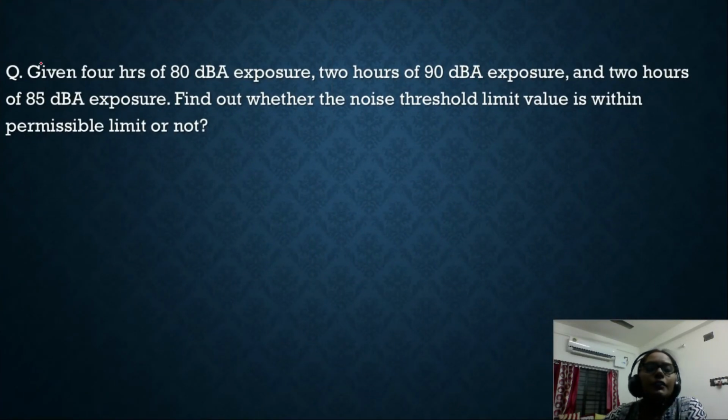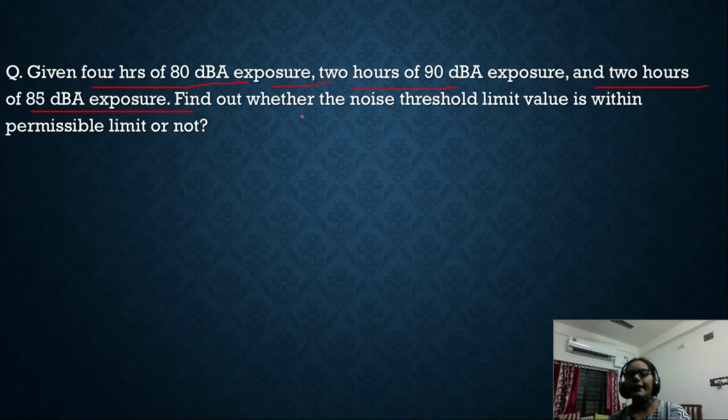The data given are 4 hours of 80 decibel exposure, 2 hours of 90 decibel exposure, and 2 hours of 85 decibel exposure. Now we have to find the noise threshold limit again, and check whether this limit is within the permissible limit or not.